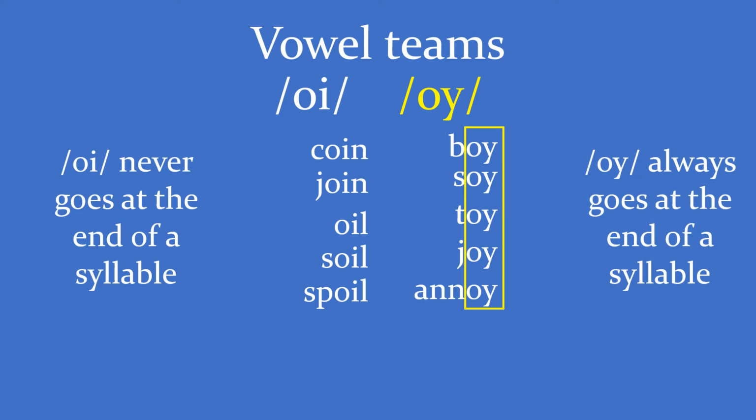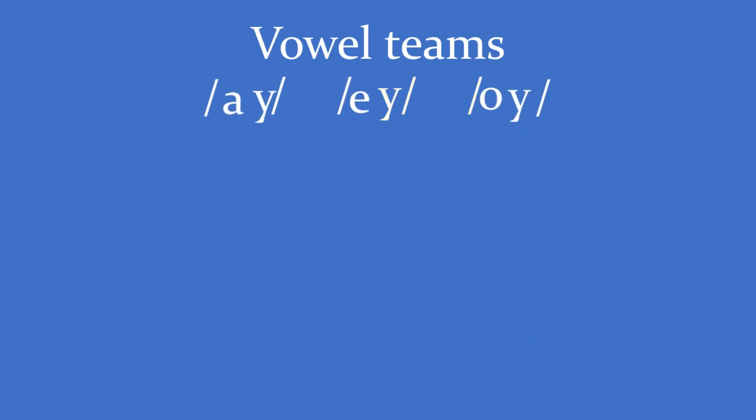Well, that's very helpful. So you can see in a word like coin, after the oi sound, you hear an N. That means it cannot be OY because OY is at the end of a syllable by itself. Okay, and we've seen that before, haven't we? Right, because we talked about AY and EY also.